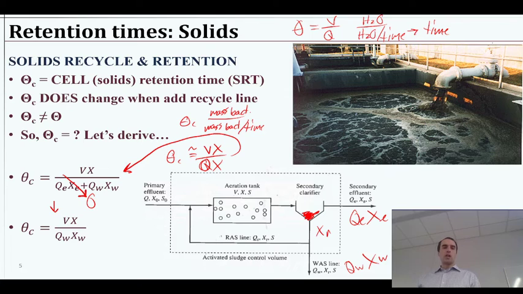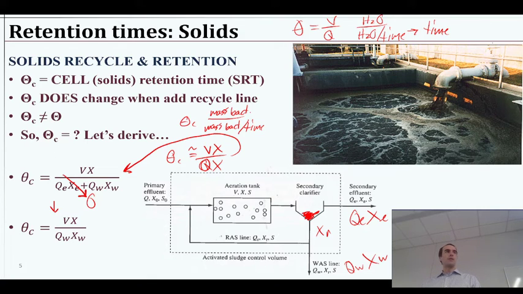But if you decide to change it, if you decrease this QW, this X will increase given the same solids retention time. Okay, so with that, we now have two equations to deal with, kind of the bacterial concentration and how much food they have, and the ratios between the two.